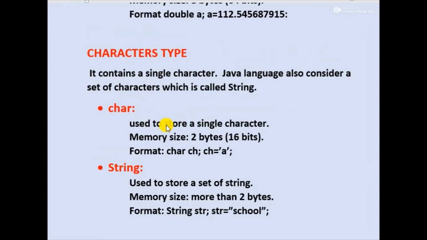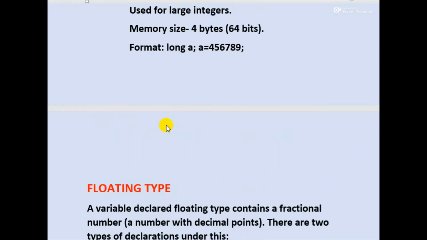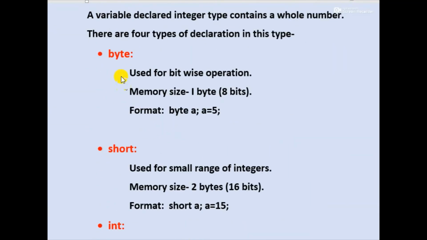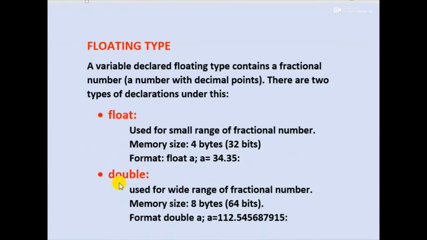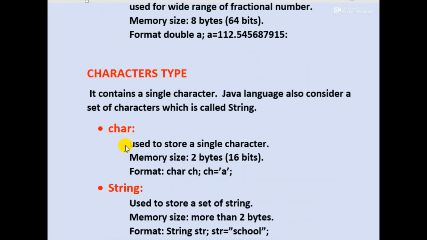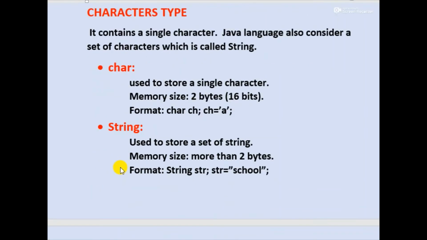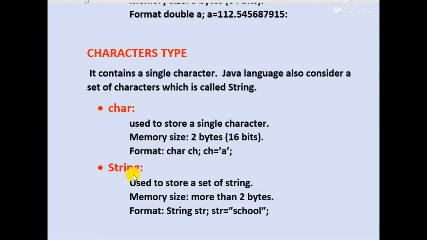We can observe one more thing, all the data types are in lowercase. Here we can see byte, short, int, long, as well as float, double. These are all in lowercase. Char is also in lowercase, but in the case of String we can observe here that S is in uppercase.